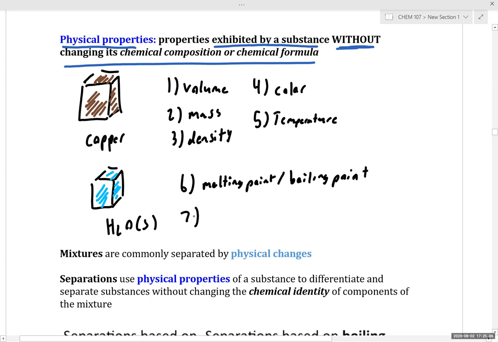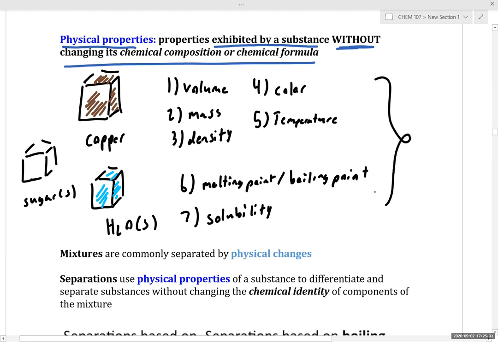And to help prompt another discussion, if we also are looking at, for example, a cube of sugar, can I figure out how much sugar I can dissolve in water? Can I figure out solubility? Yeah. So solubility would be another physical property to know.